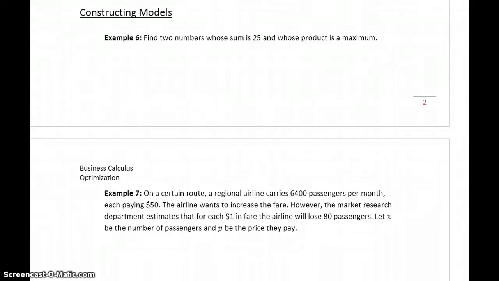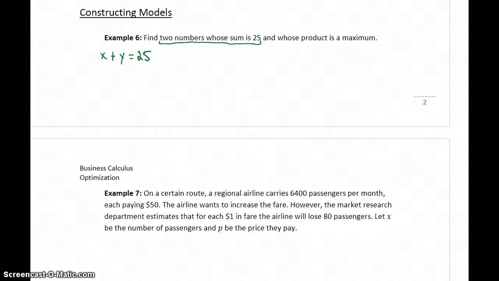So the first thing we want to think about doing is taking this expression, two numbers whose sum is 25, and turning that into an algebraic expression. So we need two different numbers, so we need x and y, because we want their sum. So the sum of those two numbers needs to be 25.